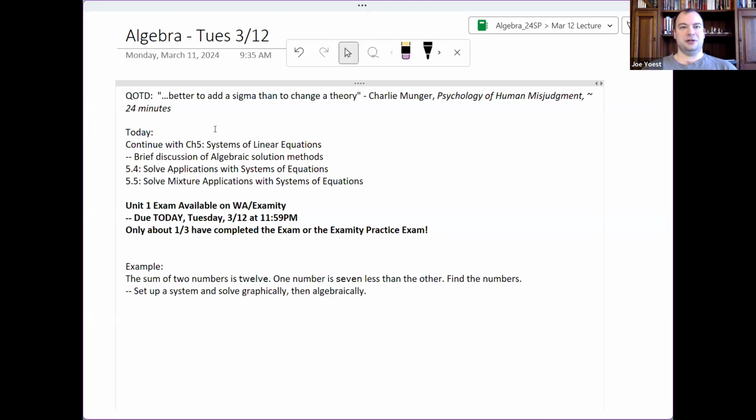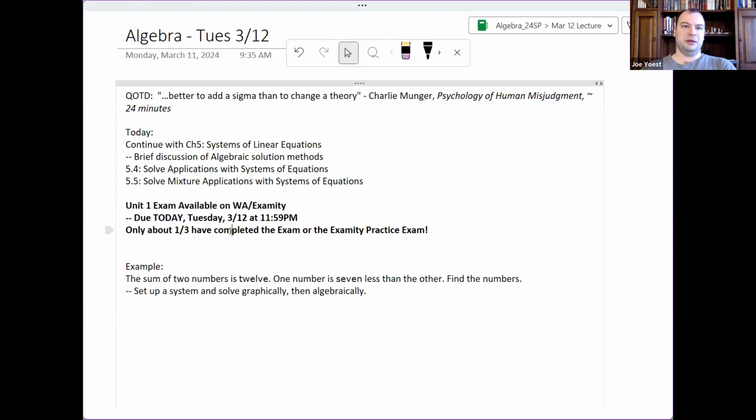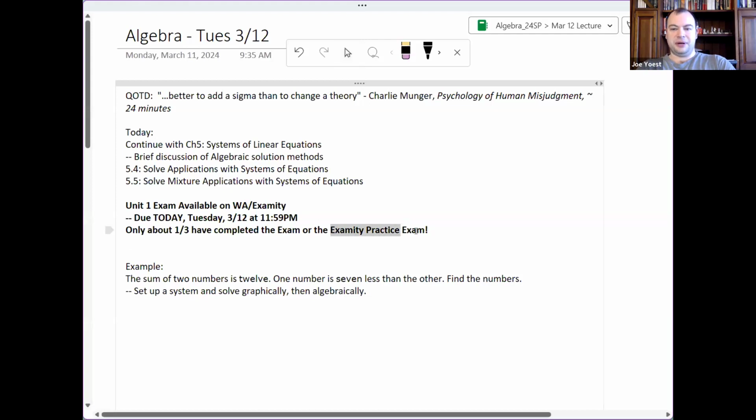So that there are no mistakes where somebody accidentally opens the Unit 1 exam when they meant to open the sample exam, both the Examity practice exam and the actual Unit 1 exam are password protected. So you go to Examity, open up your Examity session, and then the Examity browser extension will enter the password for you. You click a button on the browser extension, and you can get into the exam.